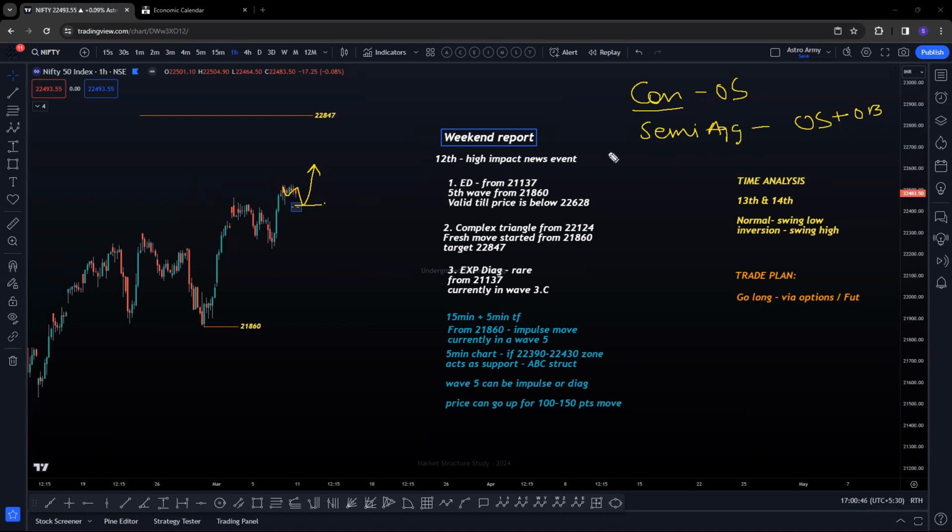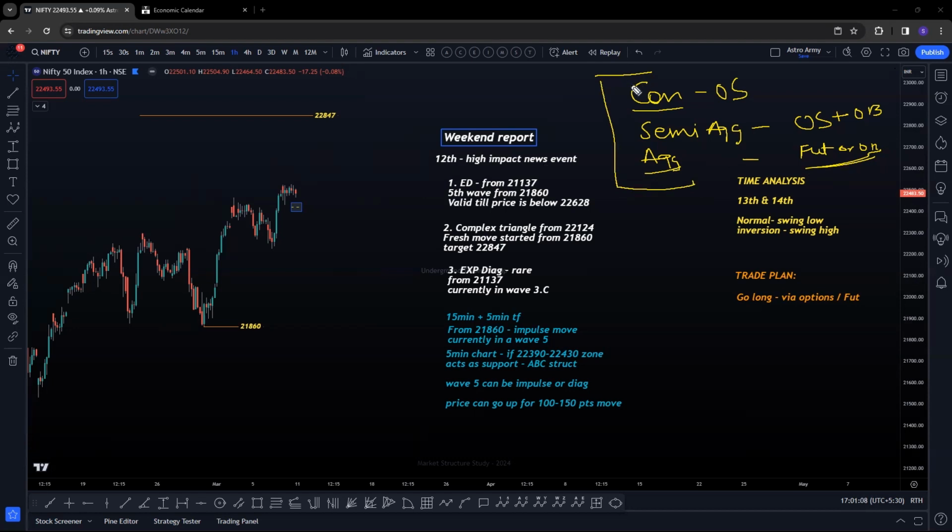That is semi aggressive. What is the last one? The last one is completely aggressive. I'll go with futures or option buying purely. Why? Because I want to catch a trending move. I want to be aggressive in that direction. Okay, this is how I made this plan for myself.